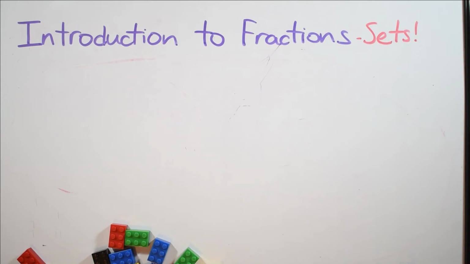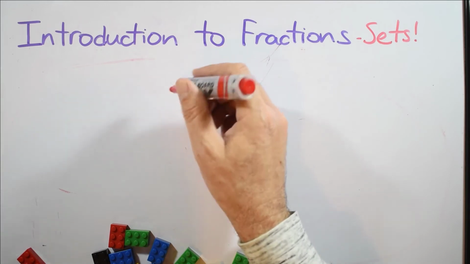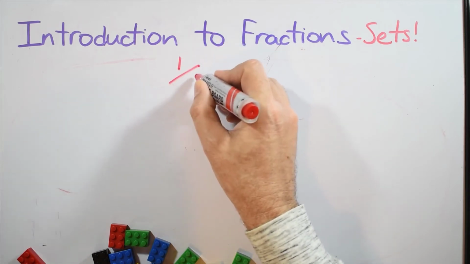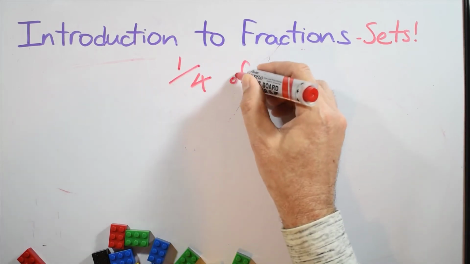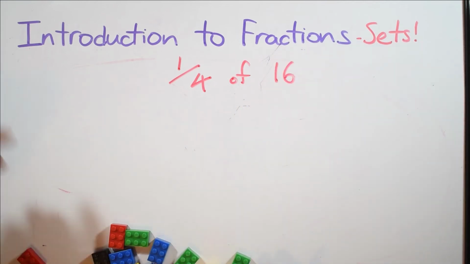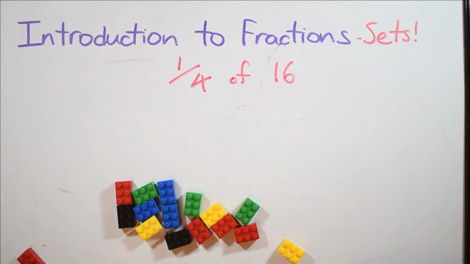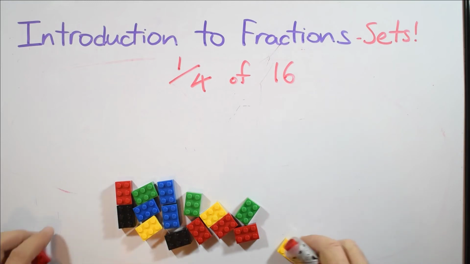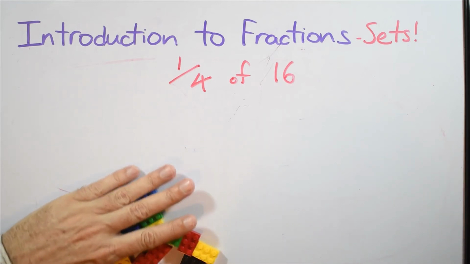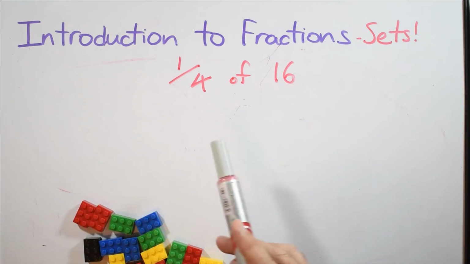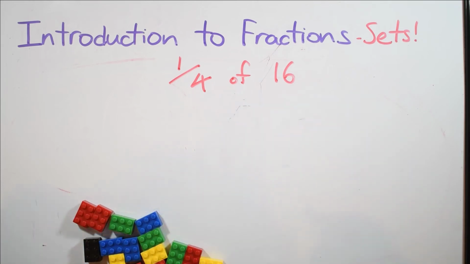This is where your old friend equal sharing comes in. Say I wanted 1/4 of 16, right? We know that our whole set down here is 16 blocks. Now, if I'm not sure of the answer myself, I could say 16 divided by 4 would get my answer.